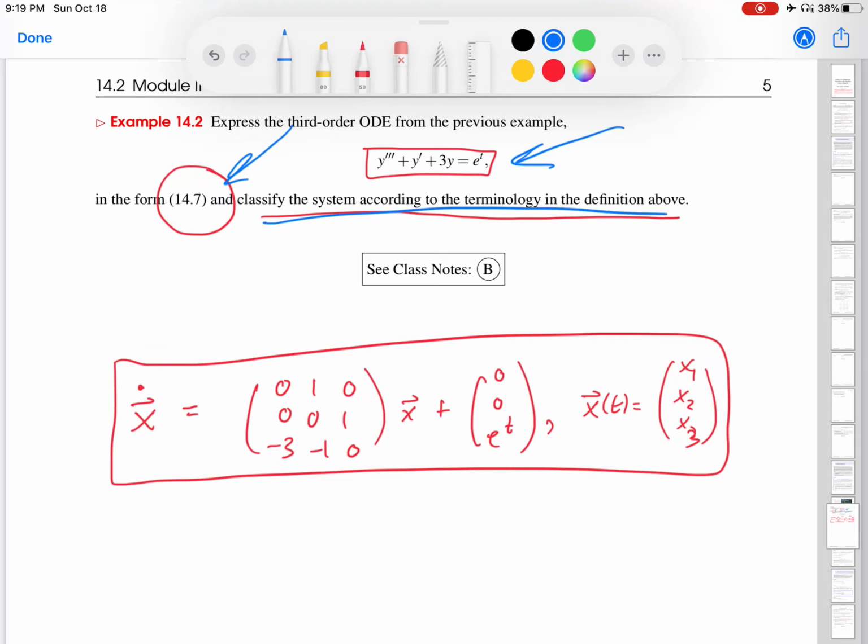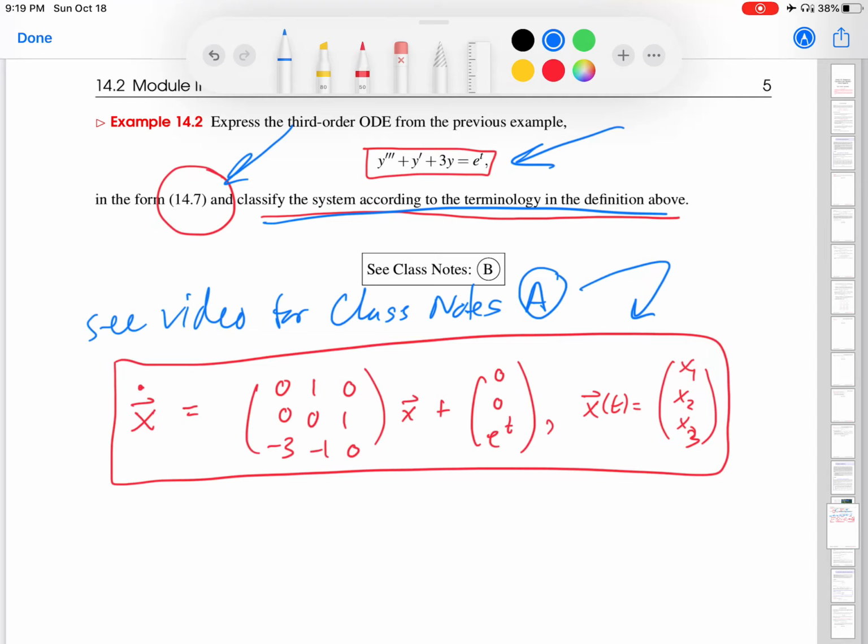So I actually did this in the previous video, so I'm going to say see video for class notes A. I did this at the end of that video, and this is what we got. All right, so this is the matrix form. Here's x dot equals A. In this case, A is not a function of t. X dot equals AX. And then plus, this is the g of t function.